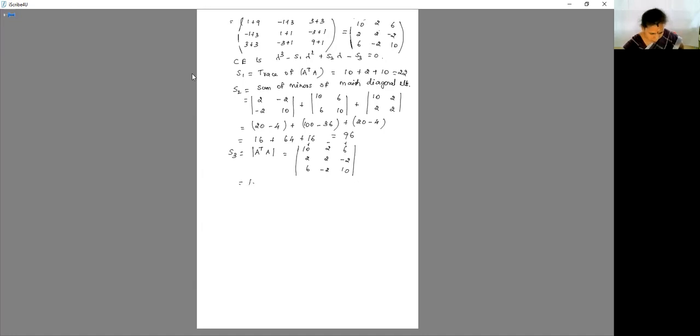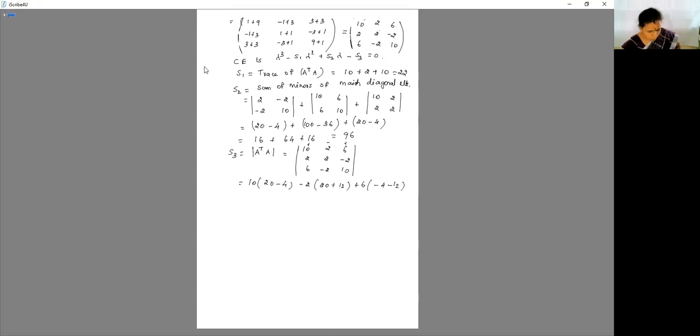So we have 10 into 20 minus 4, minus 2 times, deleting the first row and second column, 20 plus 12, and plus 6 times, deleting the third column and first row, minus 4 minus 12.